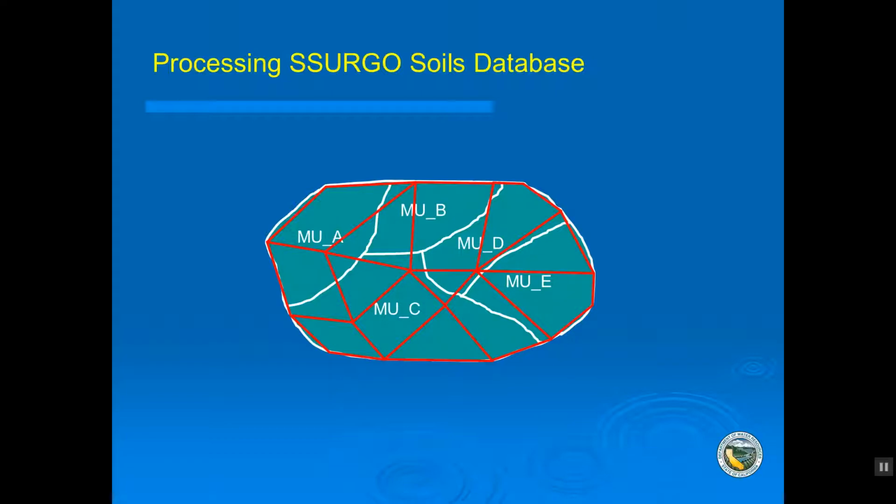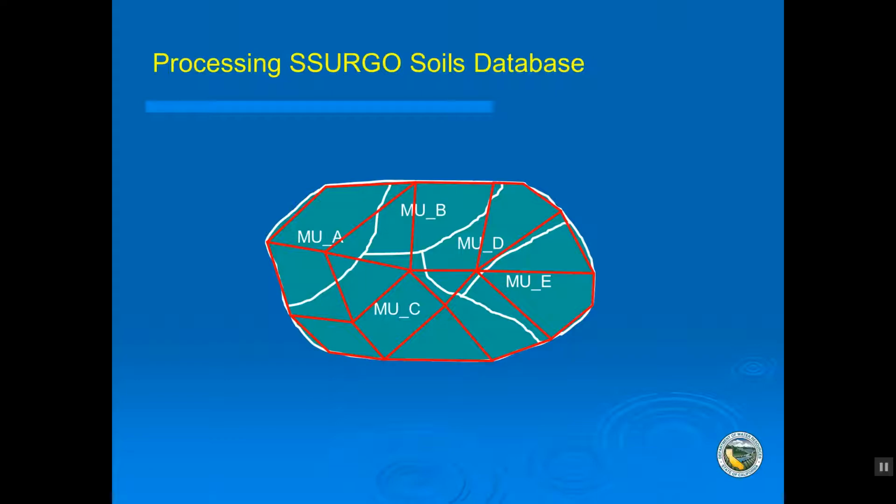But the issue here is you want to somehow intersect your grid. For instance, our goal is to come up with representative soil parameters for each of our cells, right? So now the workflow would be bring all that data in, and then join them to your map units, and then intersect your map unit shapefile with your grid, and then somehow come up with another average for your cells.